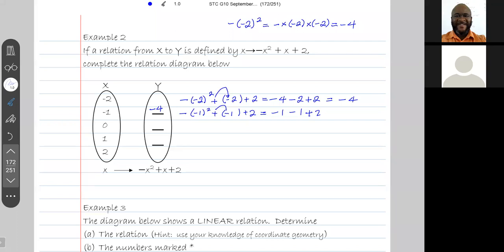So minus 1 minus 1 is -2. So this is -2 plus 2, which is 0. So the value here is 0. So -2 is mapped to -4, and -1 is mapped to 0.